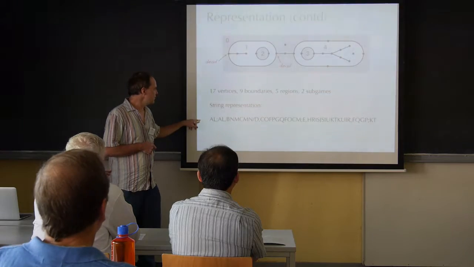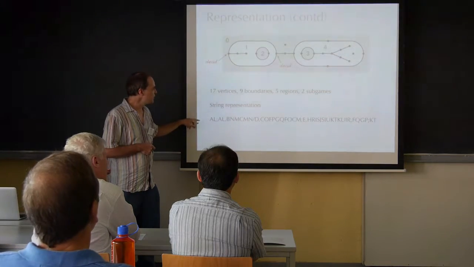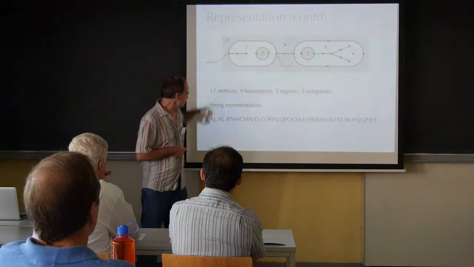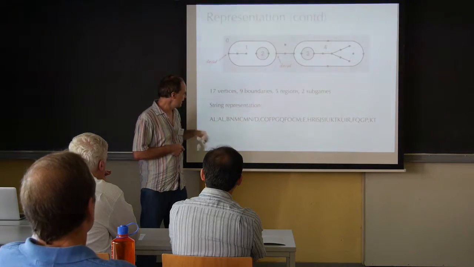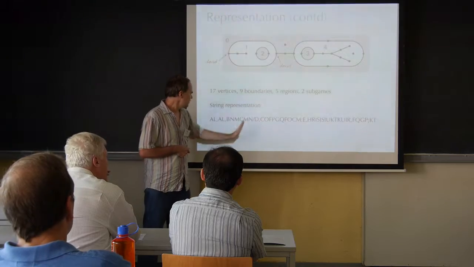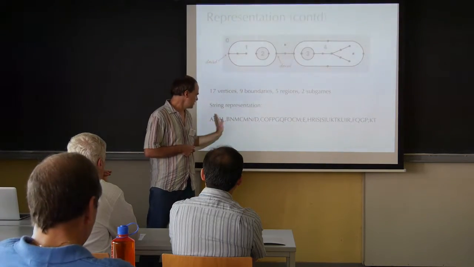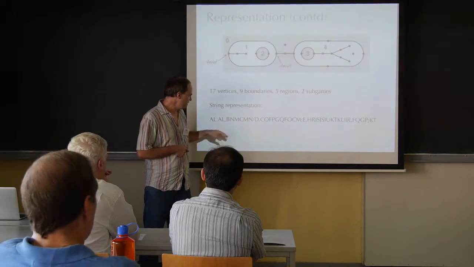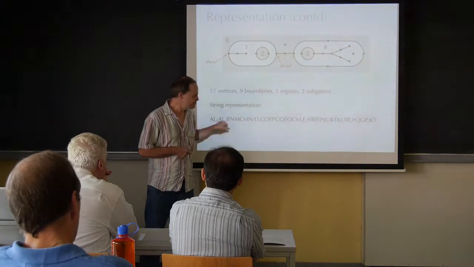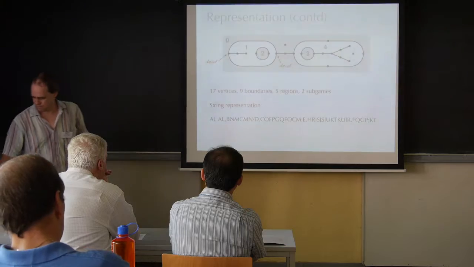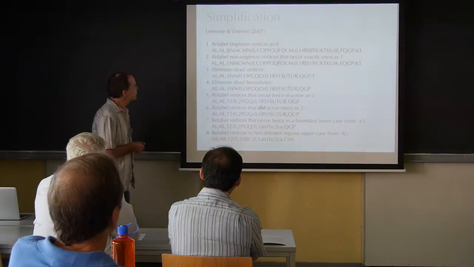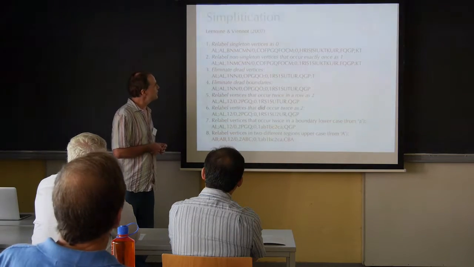And we describe it by a string representation by following each boundary and just listing the vertices that we encounter. So this slash partitions the 2 subgames, and the semicolons partition each region. Now to simplify this, we can apply some simple rules.